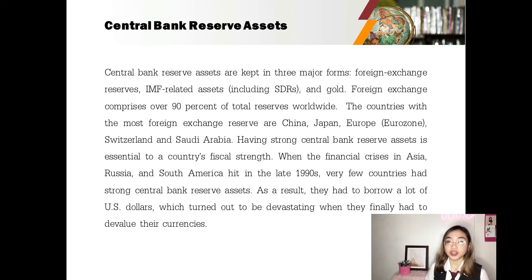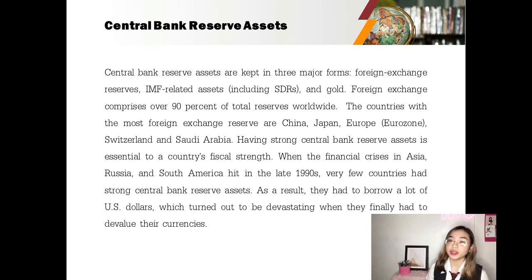So when the financial crisis in Asia, Russia, and South America hit in the late 1990s, very few countries had strong central bank reserve assets. So that means that it is very important to have a strong foundation of reserve assets, because based on that example, back in the late 1990s, only a few countries had a strong foundation of central bank reserve assets.